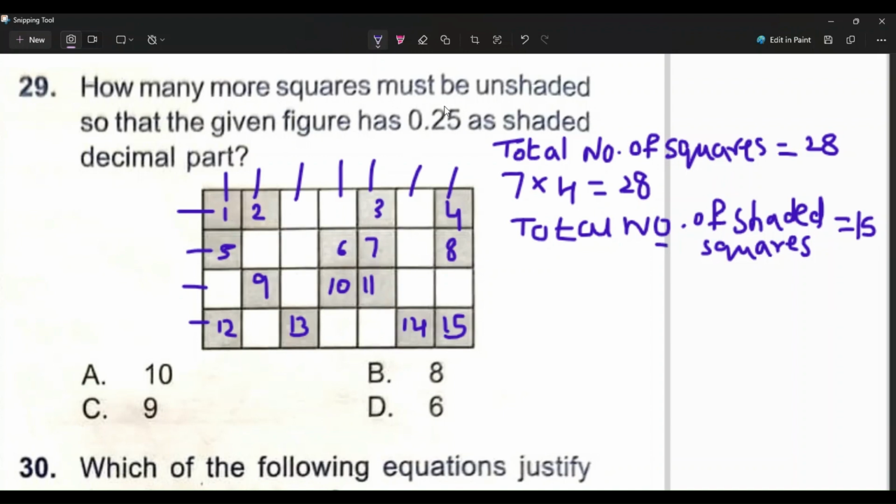So how many more squares must be unshaded so that the given figure has 0.25 shaded decimal part? So shaded decimal part is equal to 0.25.